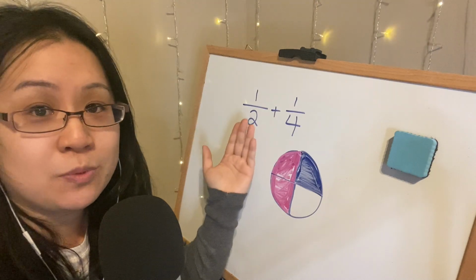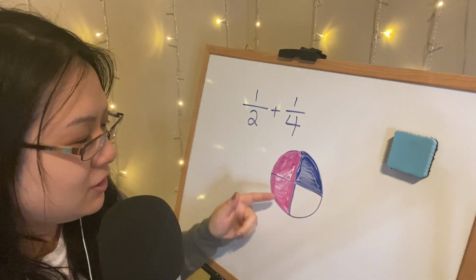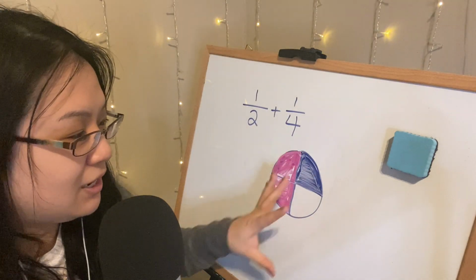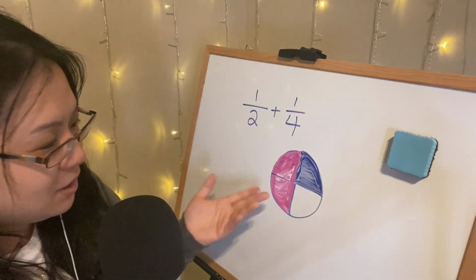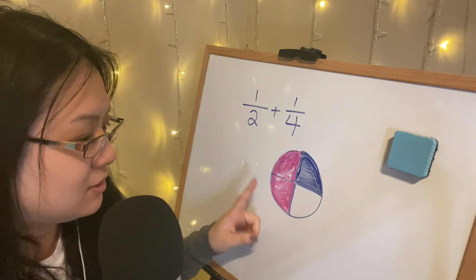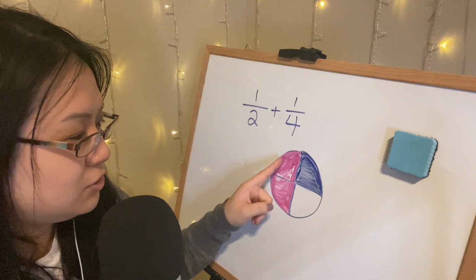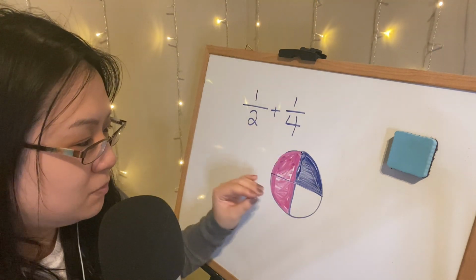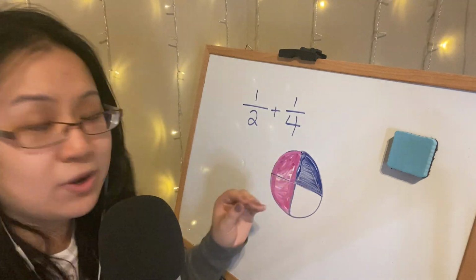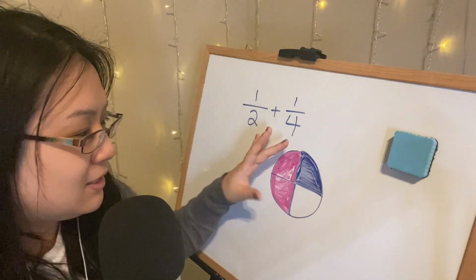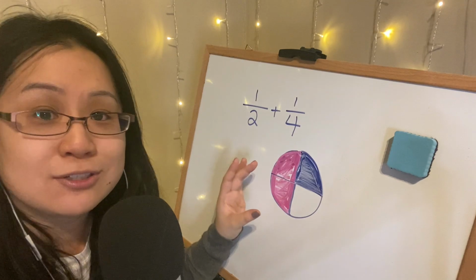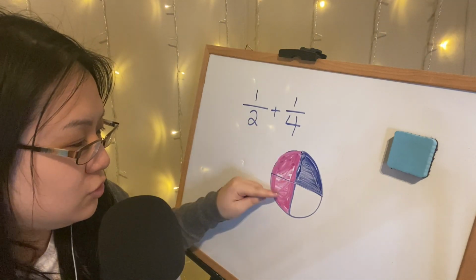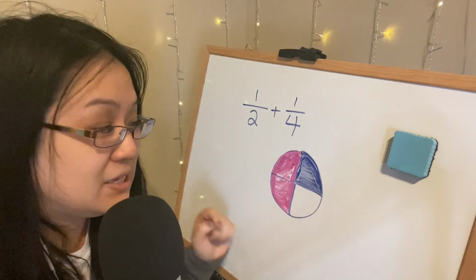Now, when I want to know what the total is, I'm looking at the total shaded region in this entire circle. So I might observe here that I have 1, 2, 3 pieces, and each of those pieces are 1/4 slices. First of all, it looks like this pink area is now 2 of those 1/4 pieces.